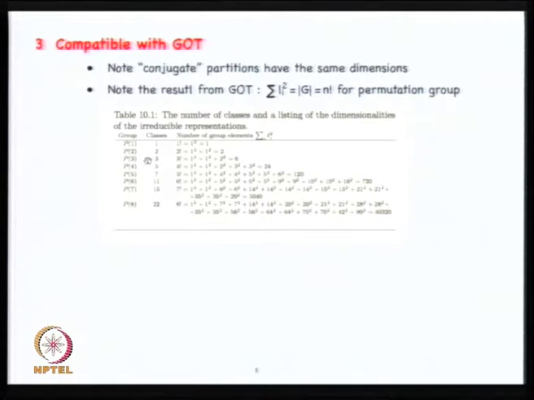We just did P4, which had 5 conjugacy classes, and one checks that 4 factorial is equal to 1 squared plus 1 squared plus 2 squared plus 3 squared plus 3 squared.